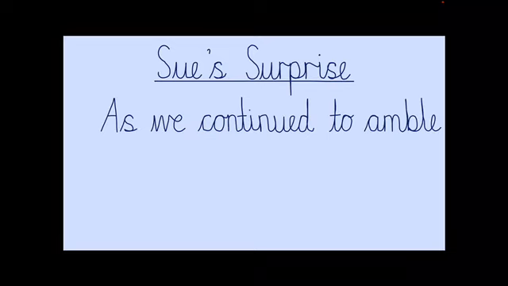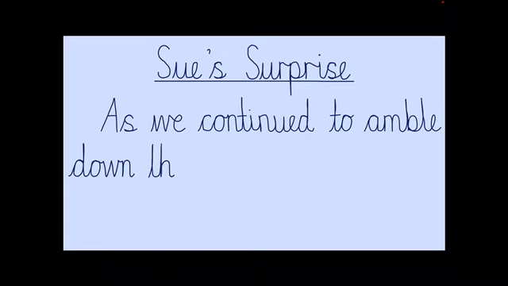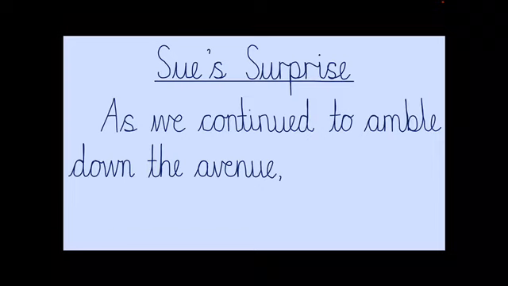Down the avenue. Down, with the o-w spelling. The avenue, with U-E at the end for you, and a comma. We quietly practiced the song we'd made up.